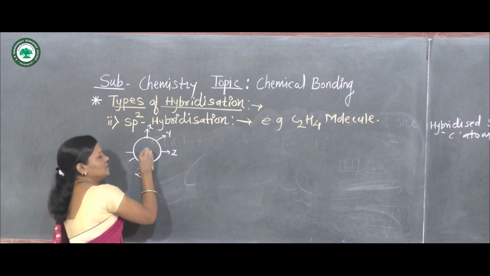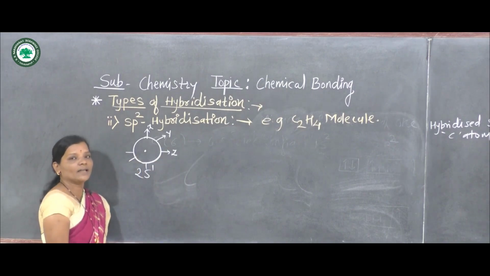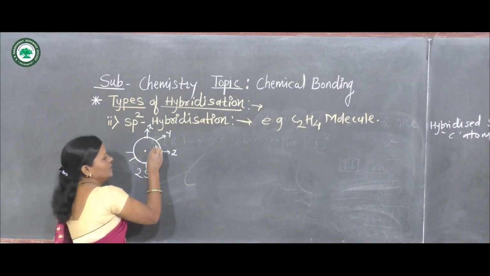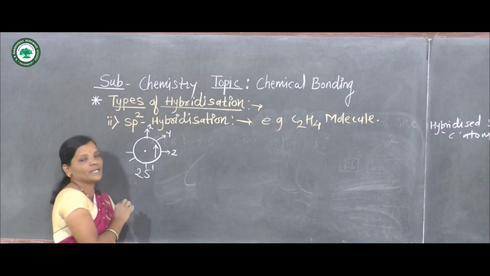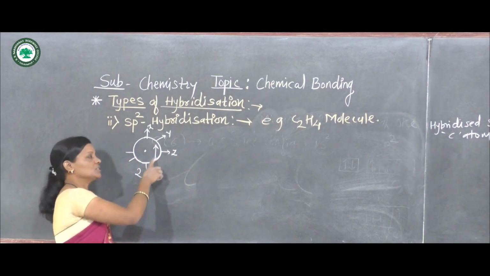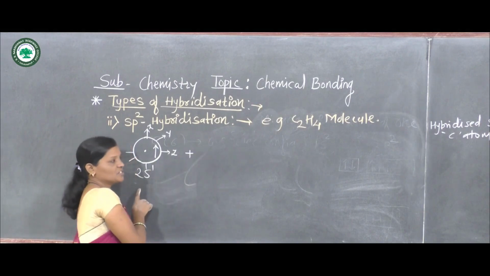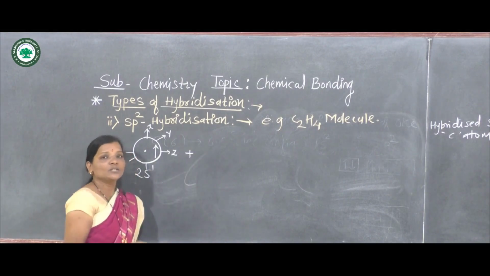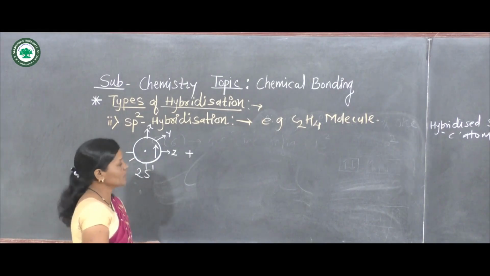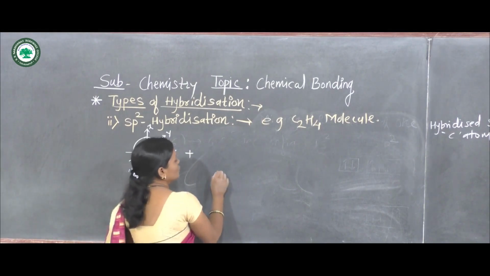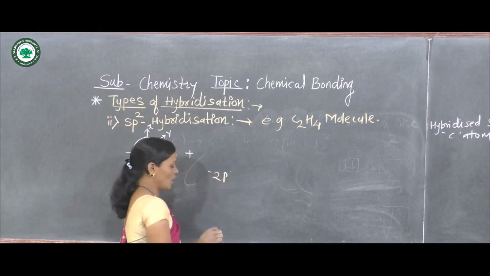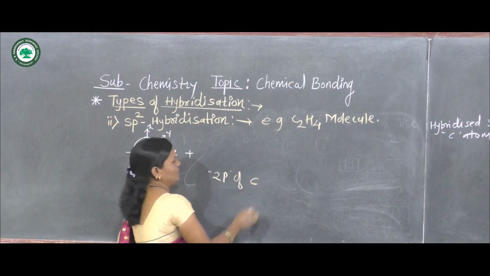Here this is the center of that s orbital. The 2s orbital carries one electron, so this electron is shown. And here mixing and recasting of 2s orbital and 2p orbital takes place, so we have to show the 2p orbital of carbon atom.